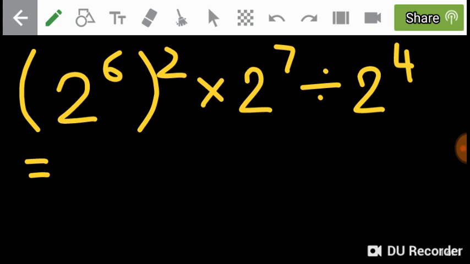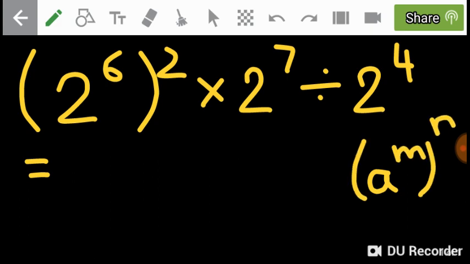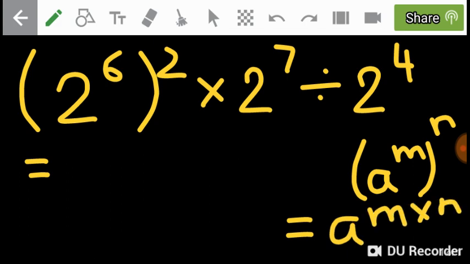Since it is in the form of a bracket, if you could recall, we have a rule that is a to the exponent m and n. Whenever they're in the form of a bracket, you actually multiply the exponents, correct? So this is what you do.